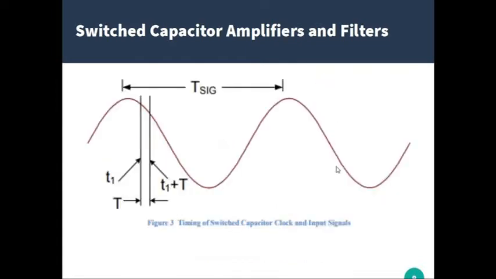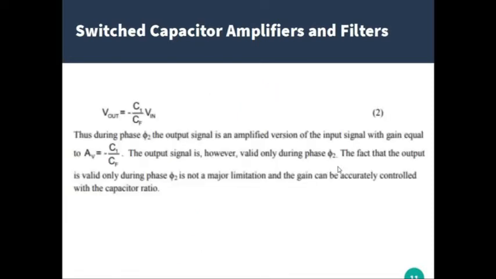Let's proceed. Again, this is the T switching time as compared to the signal frequency. Because of this mechanism, the output voltage now is equal to negative C1 over CF times the input voltage.